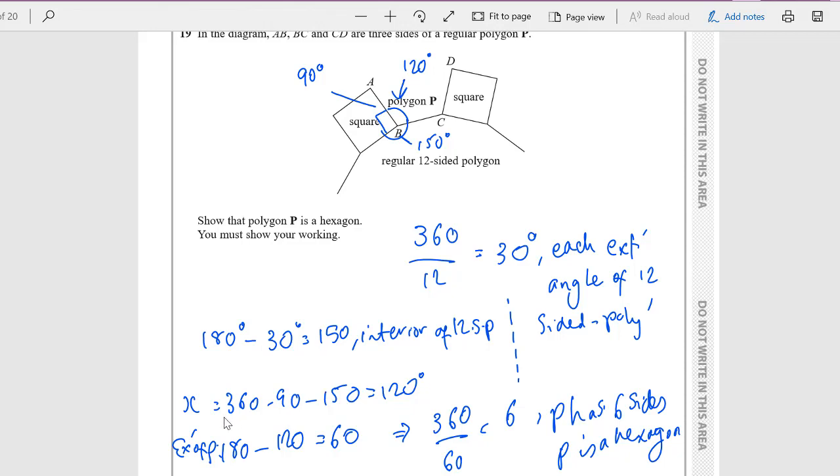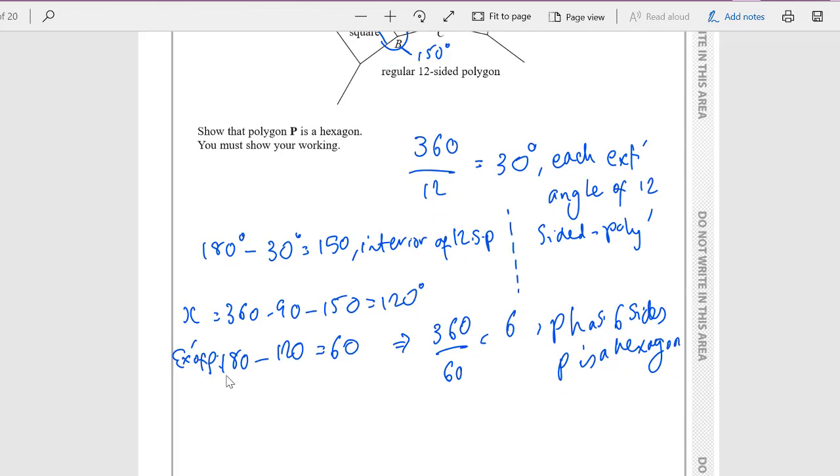And then x, which is the interior of the polygon P, is 360 minus 90 minus 150, which gives 120. Then we know that the exterior of P is going to be 180 minus 120, which is 60. If we divide 360 by 60, we'll get 6, so we know that P has 6 sides and therefore P is a hexagon.